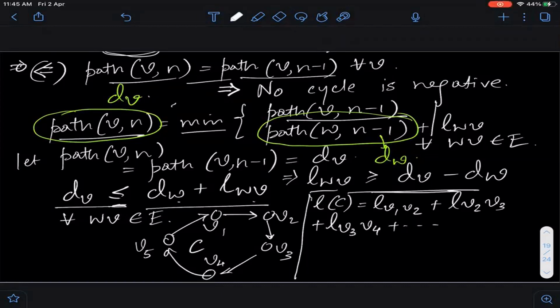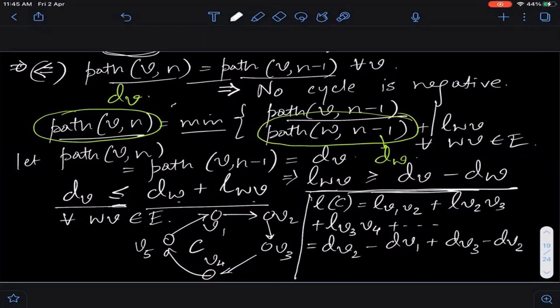Why? Because I will just use this fact. So this will just look like dV2 minus dV1 plus dV3 minus dV2, है ना, plus dV4 minus dV3.